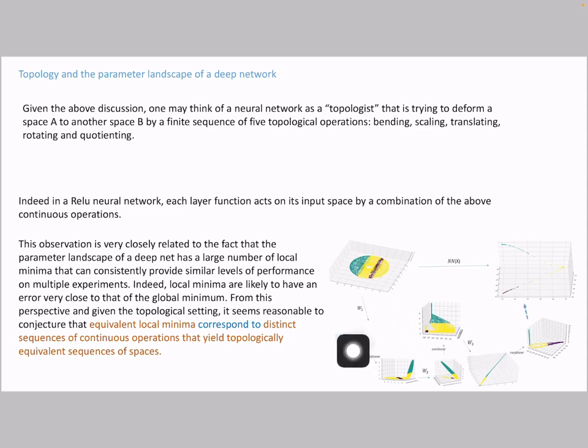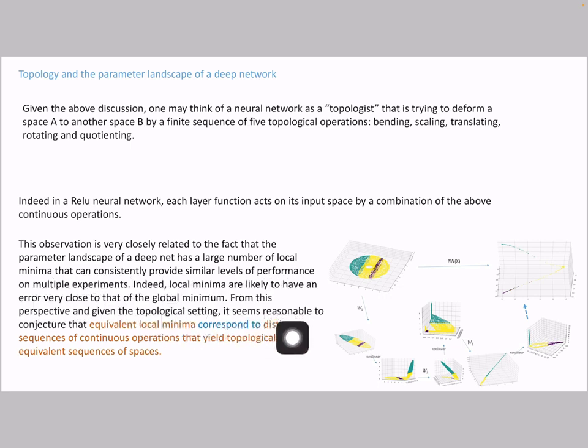And similarly for a neural network, if I train this neural network one more time, I will probably not obtain the same sequence, but I will probably achieve very good performance at the end as far as classification is concerned. So this is consistent with this observation that has been proven over and over in practice, that local minima consistently provide similar level of performance on multiple experiments, and that are very close to the global minimum.